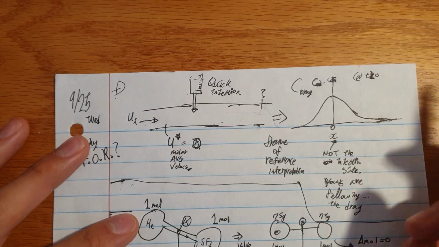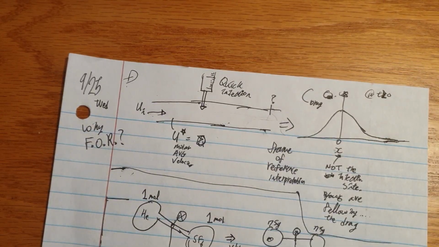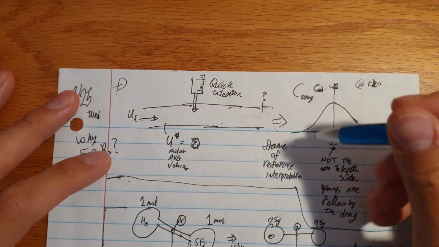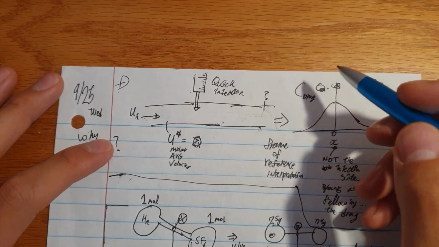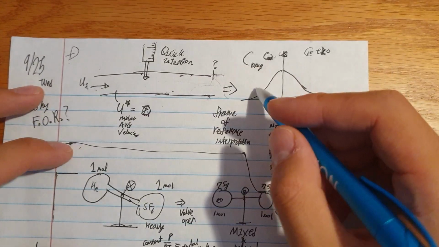If you try to do a hydrodynamic calculation like Navier-Stokes, it's super complicated because there's blood flowing, and also drug flowing, there's some diffusion, and it's just complicated.